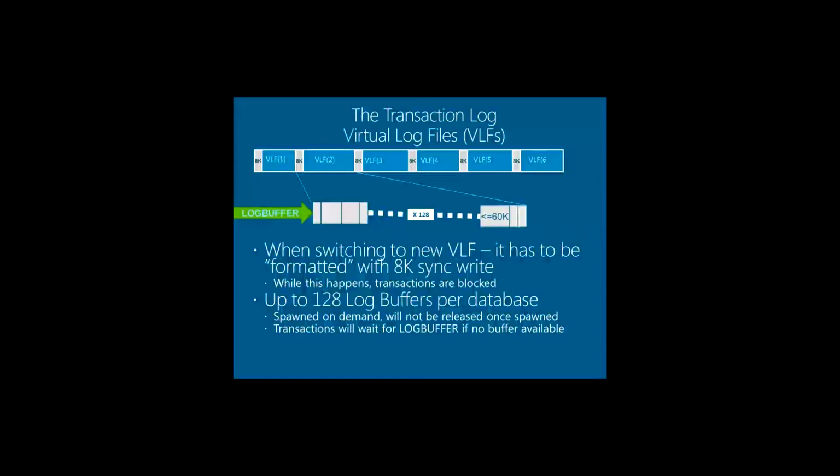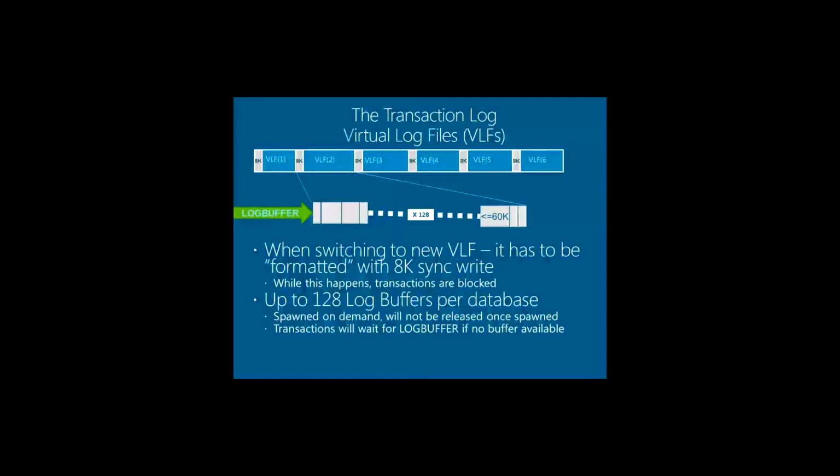Within SQL Server, the transaction log is treated as a circular buffer, so we'll fill VLFs from end to end, and as the VLFs are not needed anymore, they can be recycled and overwritten. So we'll just start again at the beginning and go back to the end at the granularity of VLFs.